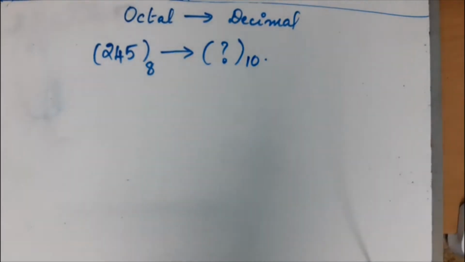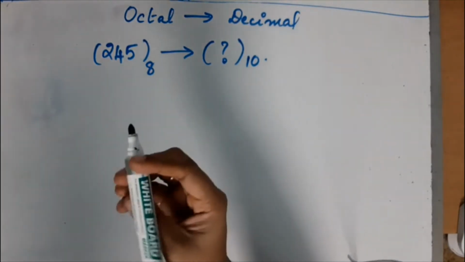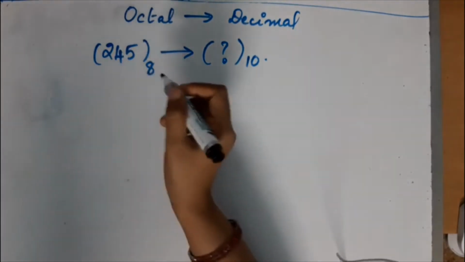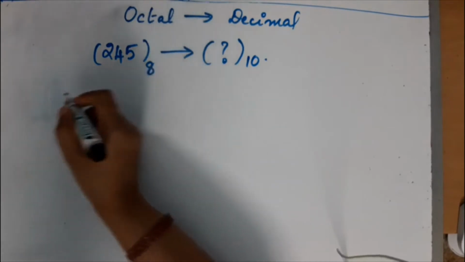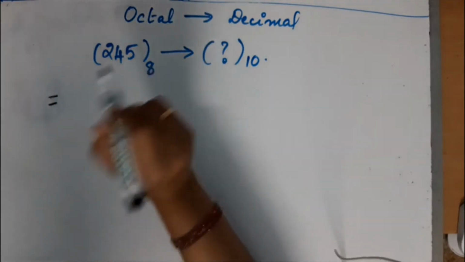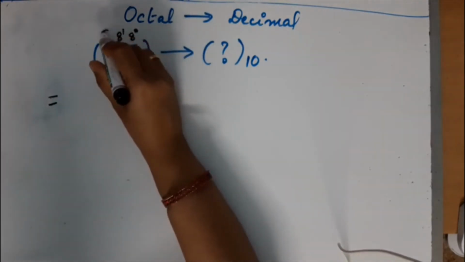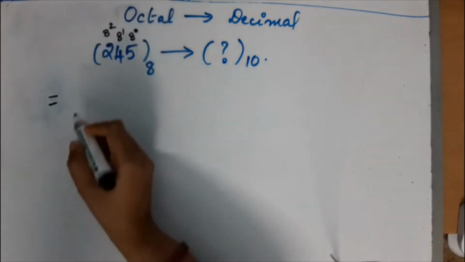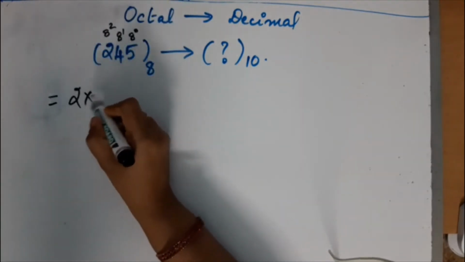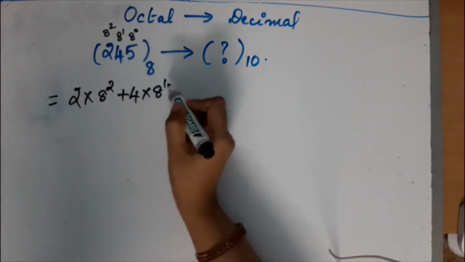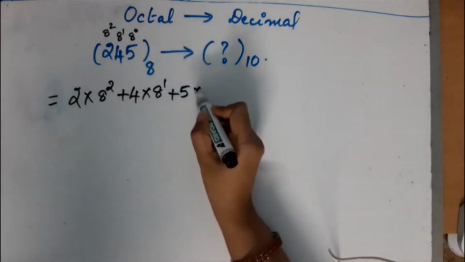So binary to decimal conversion was, write down the weight, multiply each digit with the weight and add all the products together. So here same thing, only the base will change. So here it will be 8 raised to 0, 8 raised to 1 and 8 raised to 2. So we will write it as 2 into 8 raised to 2 plus 4 into 8 raised to 1 plus 5 into 8 raised to 0.